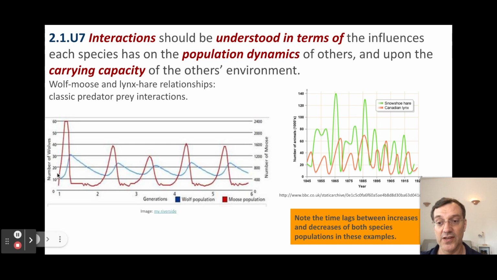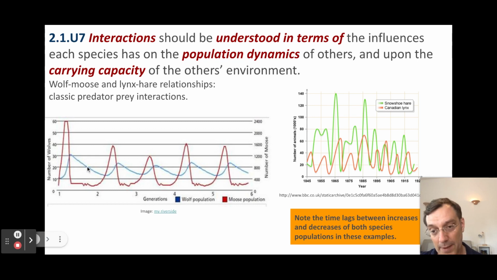As you can see, when there are a lot of moose, there's a lot of food available for wolves because wolves hunt moose. So when there is enough food, a lot of wolves survive, which means there are a lot of wolves eating moose, and the moose population falls. And when the moose population falls, suddenly there's not enough food for that many wolves, and so the wolf population begins to decline.